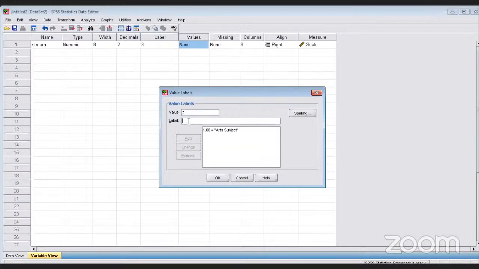Then I say 2 is science subject. 3 I say commerce.